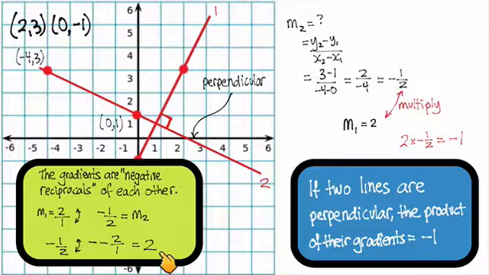So the negative reciprocal of negative 1/2 is 2. And you can see that in this case, that works. My lines are perpendicular, so the gradients are in fact negative reciprocals of each other, and when I multiply them together, I get a value of negative 1.